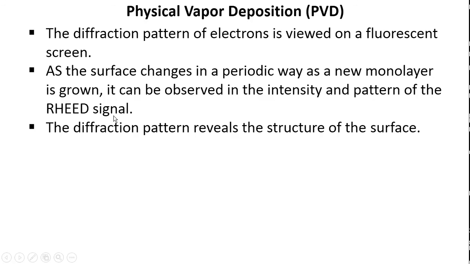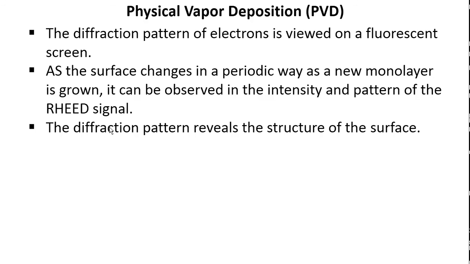So the intensity and the pattern produced on the RHEED screen is a function of the pattern produced over the surface of the sample. Is it? Because each monolayer produced is in the form of a periodic wave, because each time the target material is evaporated, isn't it?